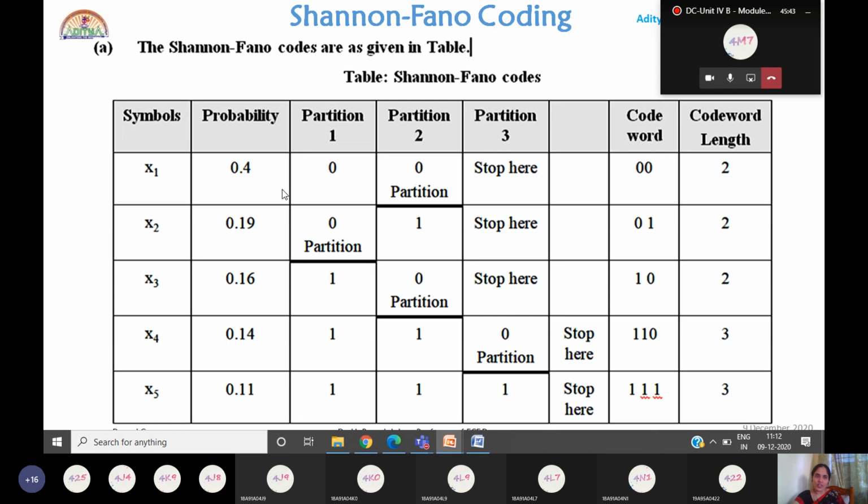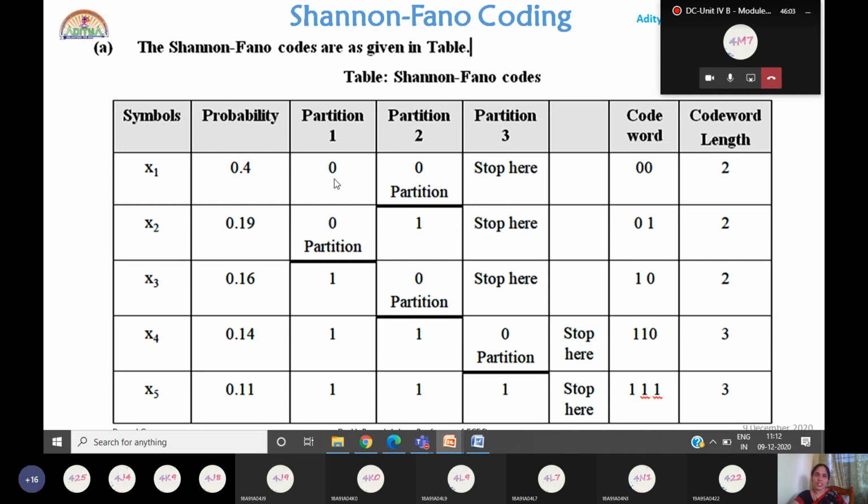Now, please observe the x1 and x2 code words. Here, the x1 code word's first bit is 0 and the second bit is 0. The x2 code word also starts with the same bit 0, but the second bit changes to 1.